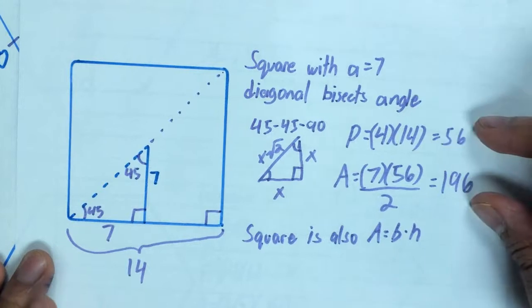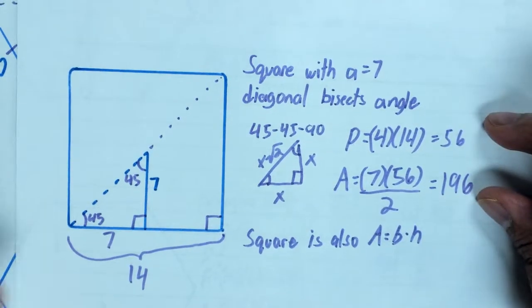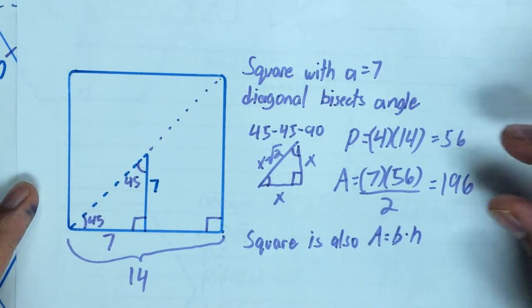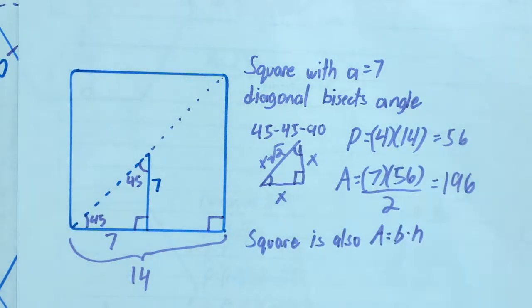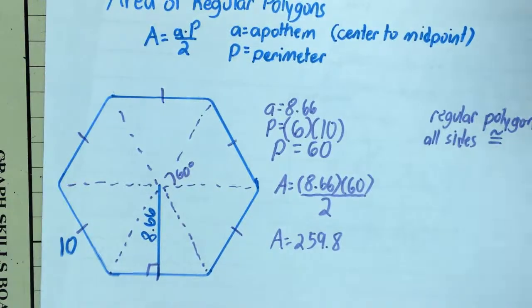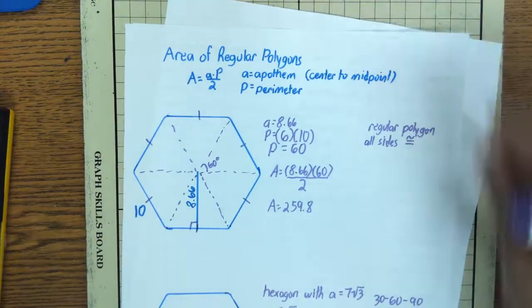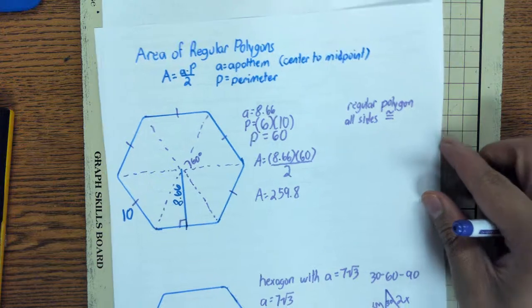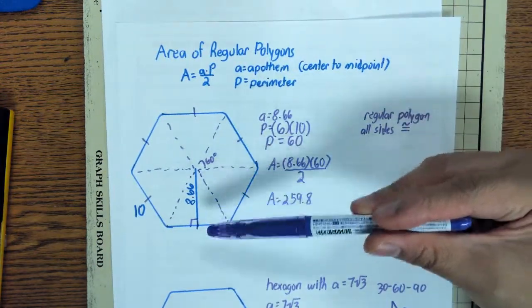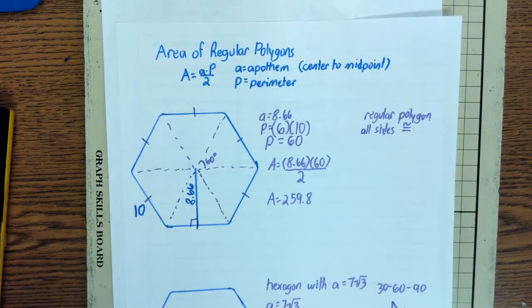But just be aware, area for regular polygons, a square is a regular polygon. So the area for a regular polygon gives me that same answer. Alright. So there you have examples of calculating area of a regular polygon using apothem times perimeter divided by 2.